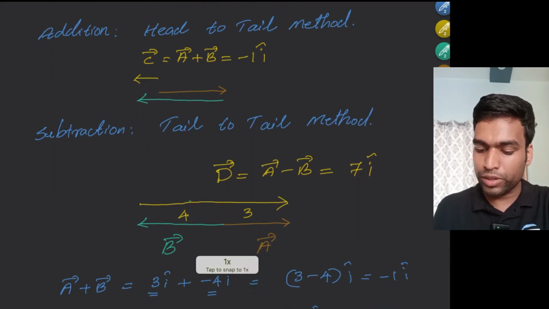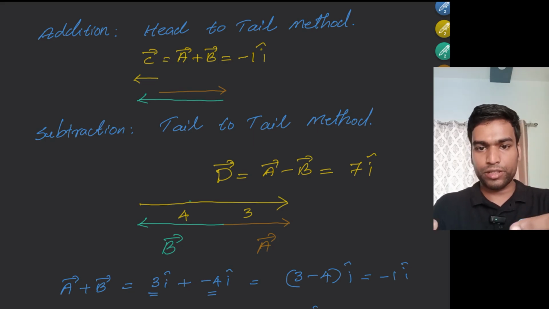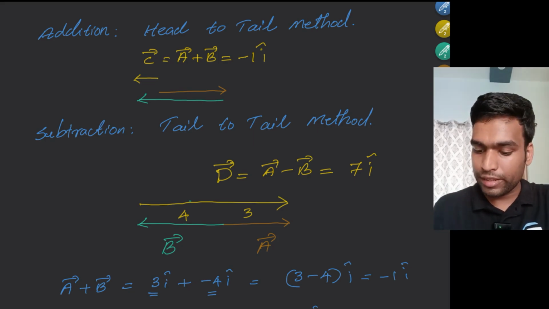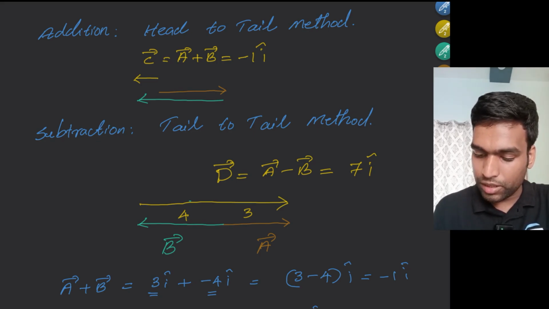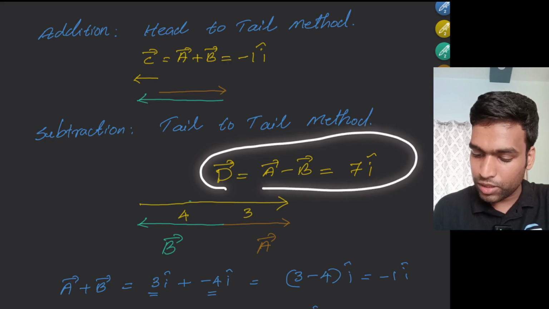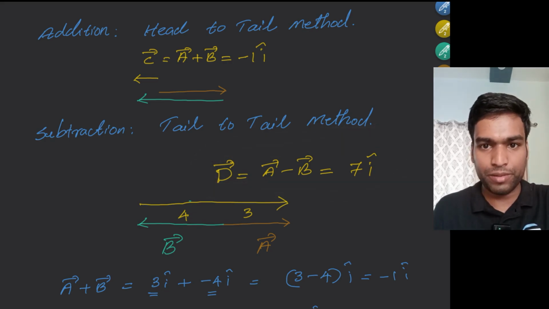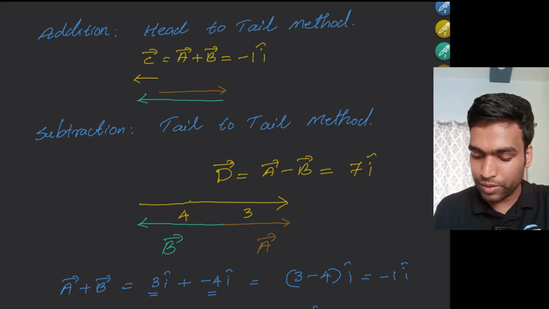In the case of subtraction, we have to use the tail to tail method. So what is that tail to tail method? We copy the two vectors and make them contact tail to tail. That's it. So you can see here D equals A minus B equals 7 i cap is the mathematical way of writing it. The same thing you can see in this diagram.